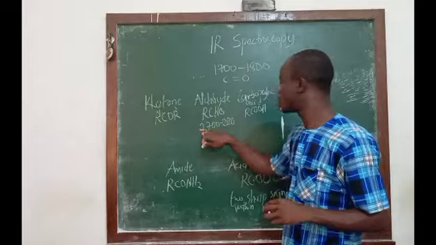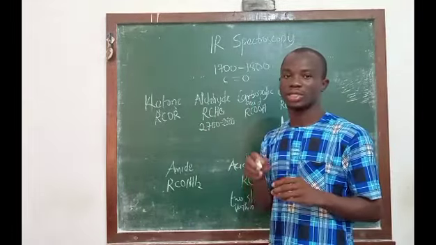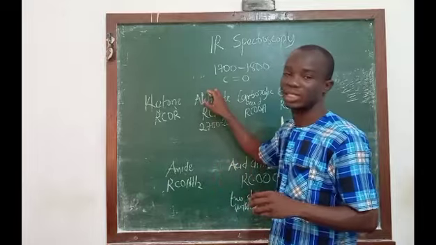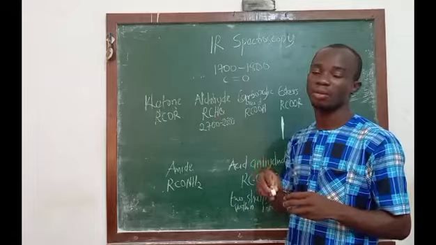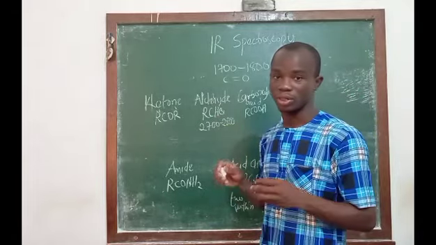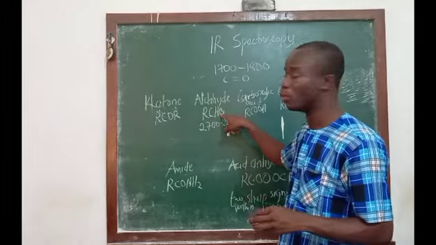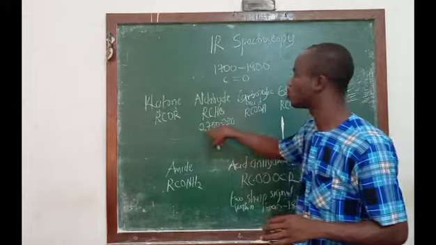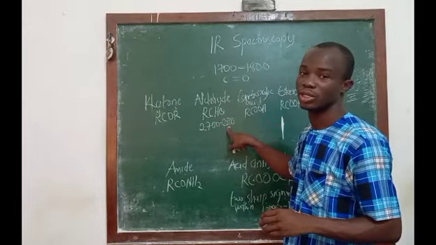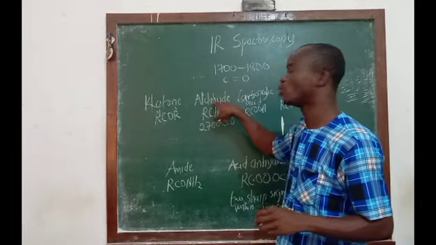When you see a signal around 2728, this signal is always for the terminal CH of the aldehyde. It's only aldehyde, out of all of these compounds I mentioned here, that has a terminal CH bond within it. The signal for that terminal CH bond at the head of the aldehyde is usually found between 2700 and 2800 per centimeter, and this is only specific for aldehyde.